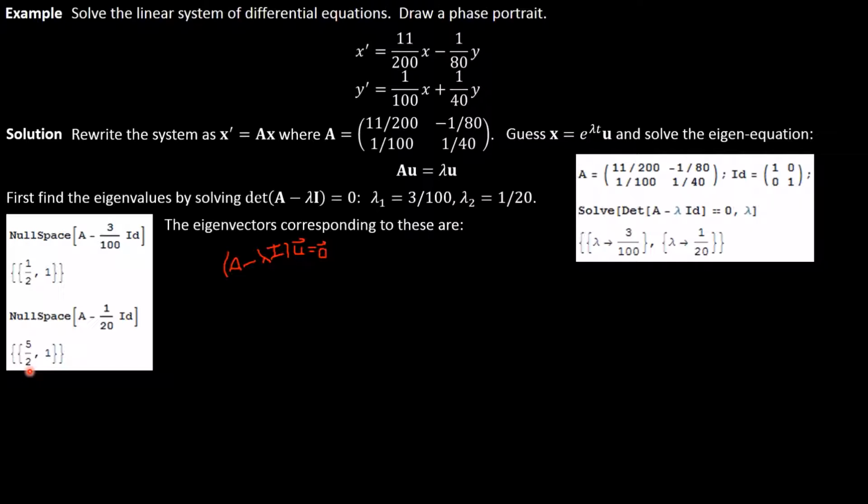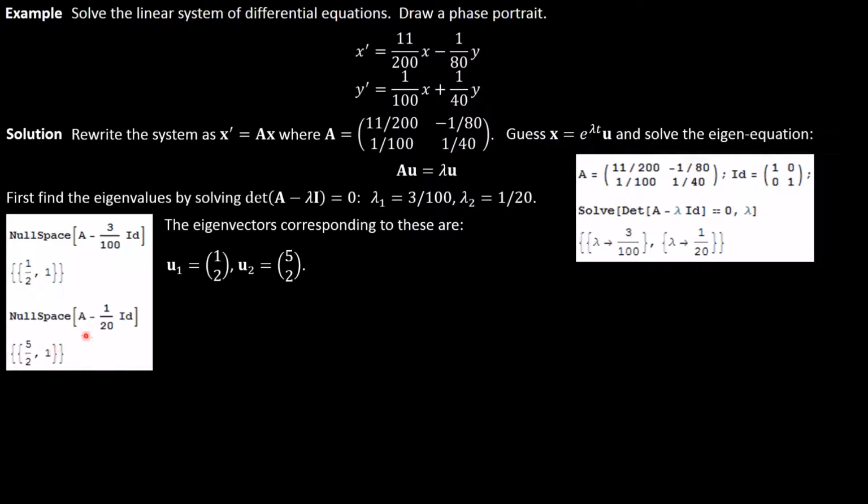But you'll recall that these null spaces don't just consist of one vector. They consist of an entire line of vectors. I thought it was kind of silly that Mathematica gave me 1/2, 1 as my vector, because the vector 1, 2 is also on that line, and similarly 5, 2 is also on that line.